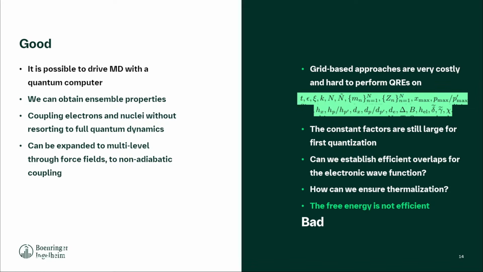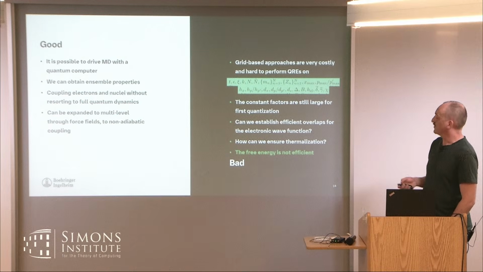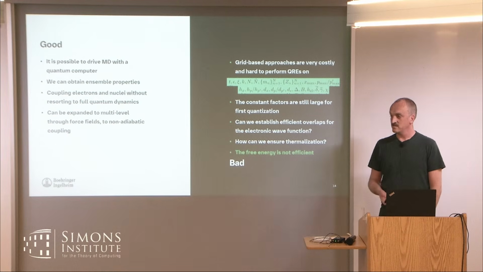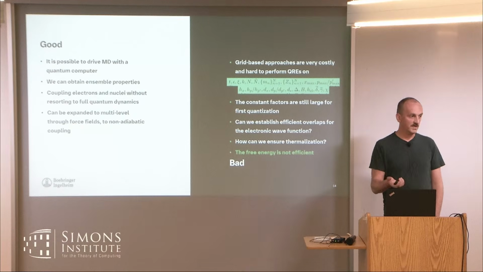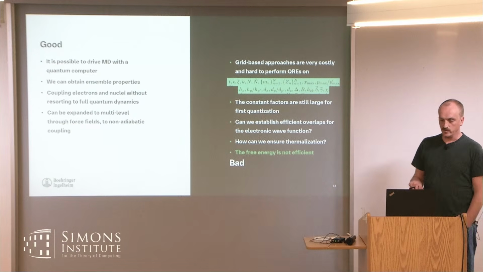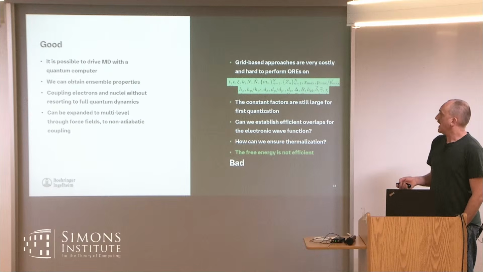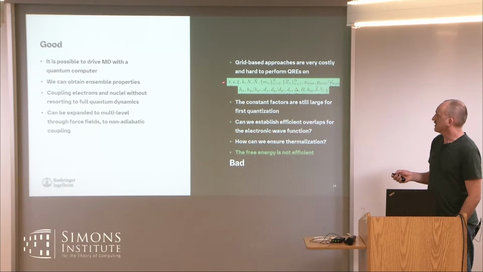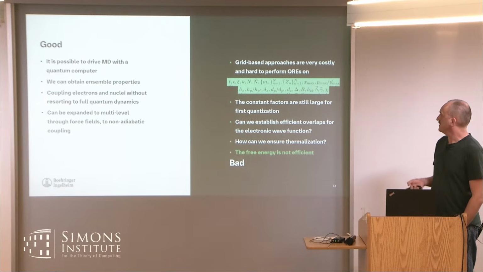There are also bad points. With grid-based approaches, there's a reason why nobody executes these. These are very costly, and it's also very hard to get an idea of what they cost, because there are so many parameters you need to estimate to tell you what the number of gates would be. For any system, these are like the equilibration time, even the error you need.